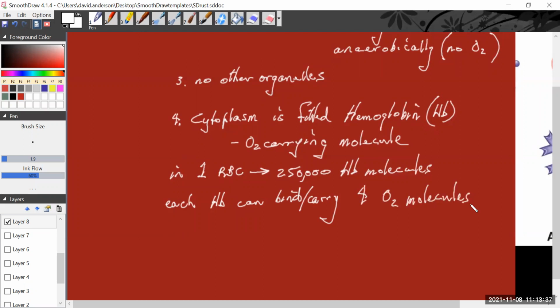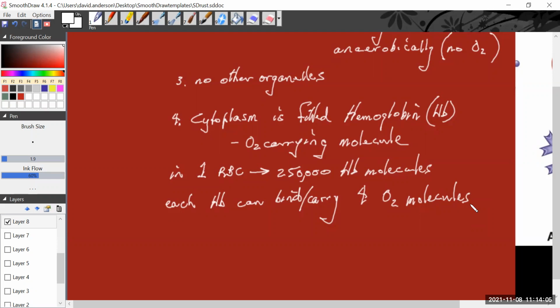So for those of you who are mathematically inclined, you will realize that one red blood cell carries about 1 billion oxygen molecules. And I mentioned earlier that there are trillions of red blood cells that circulate in our blood. One cell is microscopic, and it's essentially gotten rid of everything in its cytoplasm except hemoglobin in order to be very, very good at carrying oxygen.